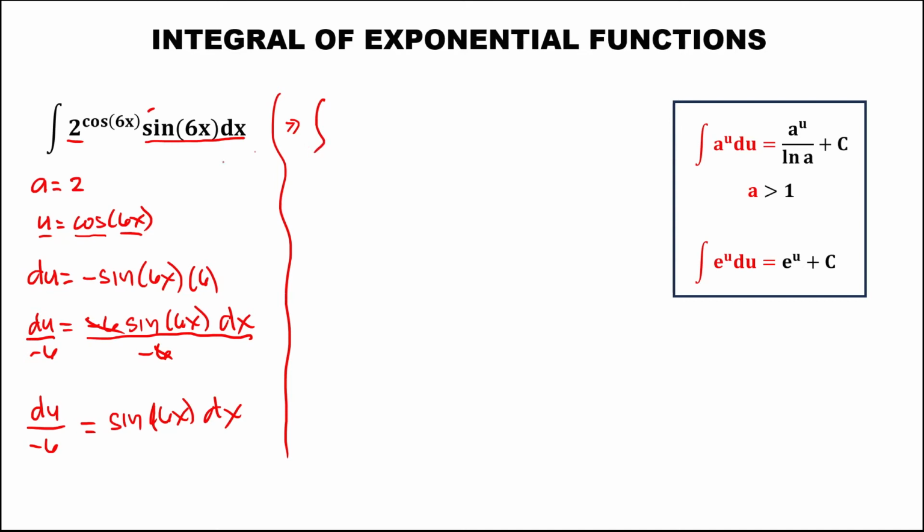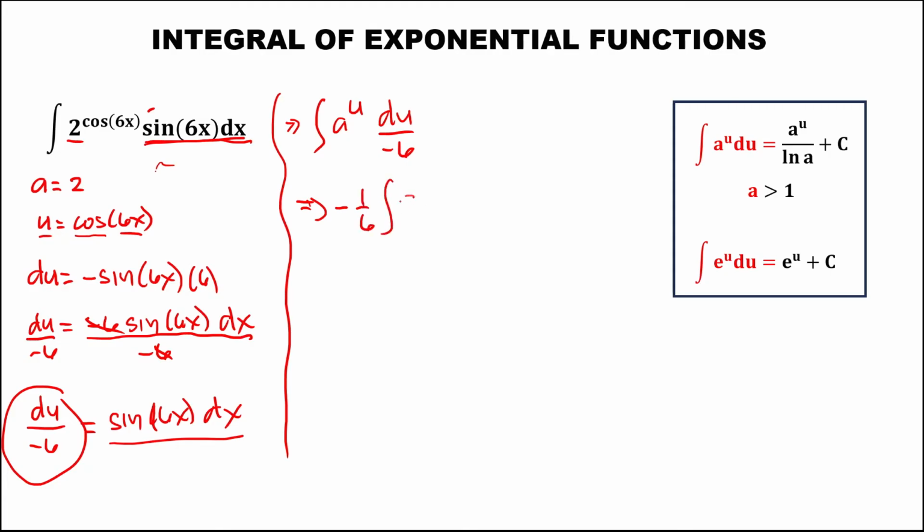So we can use now the u substitution. So this becomes the integral of a to the power u, and sine 6x dx, that's du over negative 6. So we need to put now this negative 6 outside. So this becomes negative 1 over 6 times the integral of a to the power u du. Then we can use now this formula.